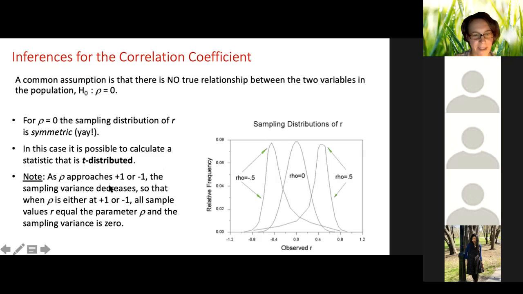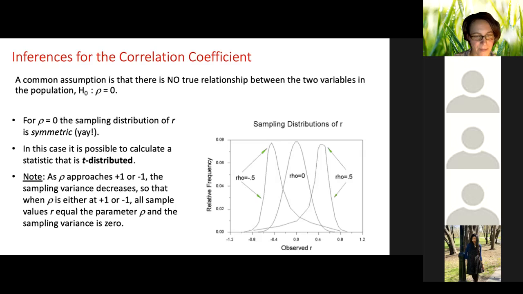Here is what actually happens with the sampling distribution as our true population parameter approaches +1 or -1. What happens if we sample from a population that has a true correlation of 1, or -1? In that case, the sampling distribution actually is not really a distribution. I mean, it is of sorts, but it has a standard deviation of 0.